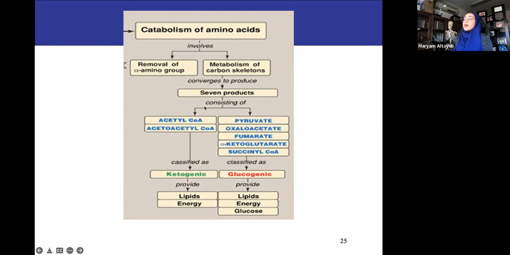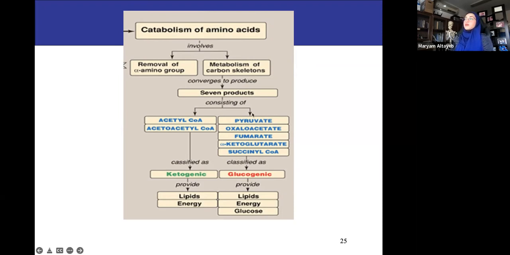Then you have other products, the ones we commonly heard about: pyruvate, oxaloacetate, alpha ketoglutarate, succinyl-CoA, fumarate. Remember, fumarate was the link between the urea cycle and TCA. These are glucogenic. For example, pyruvate can give glucose by gluconeogenesis, and so can the other intermediates in the Krebs cycle.